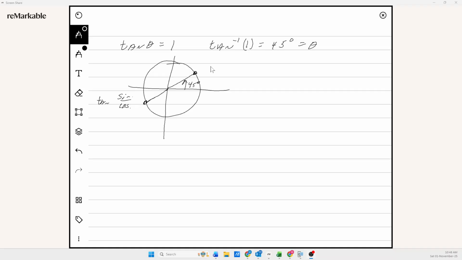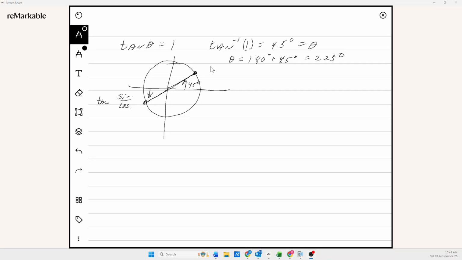So this is a diagonal line, and this is going to be 180 plus 45. So theta can also be 180 plus 45 degrees, which is 225 degrees. So we can get either one of those happening.